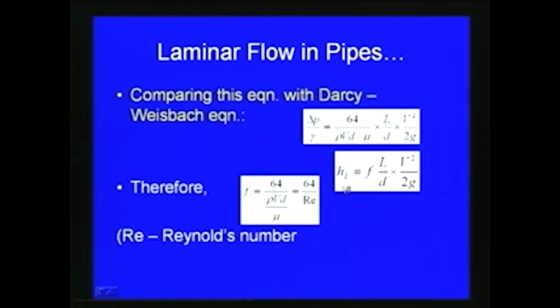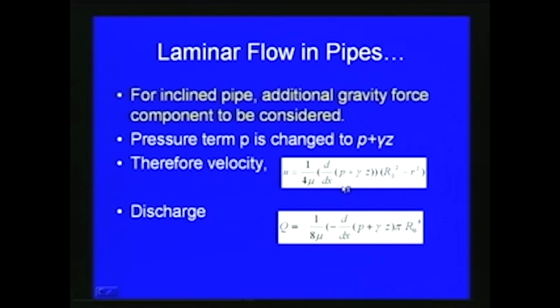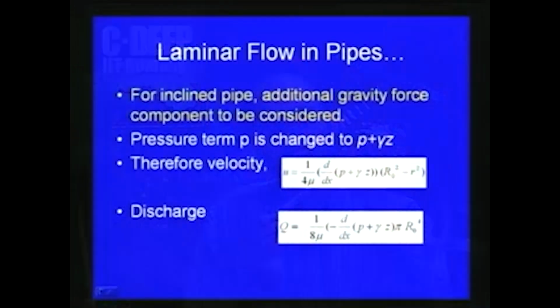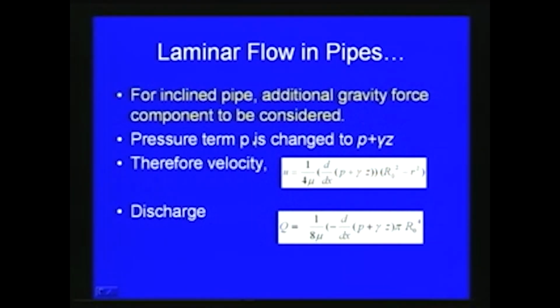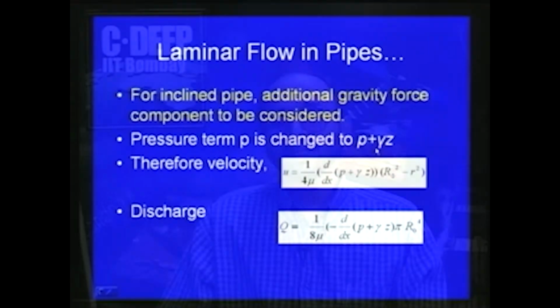When we consider the inclined pipe, we have to consider the additional gravity force component, and we can do this by changing the pressure term: we will change P to P plus gamma Z. That means the additional gravity force will be considered.